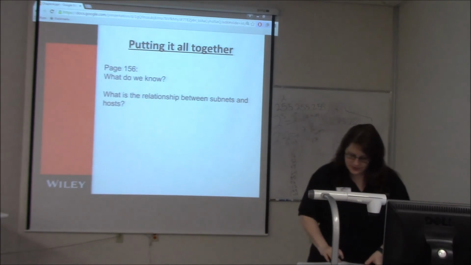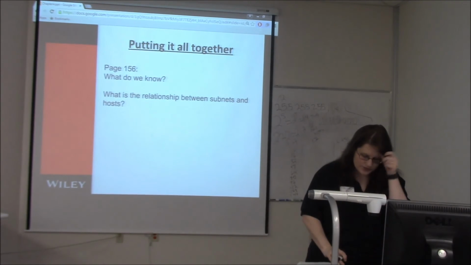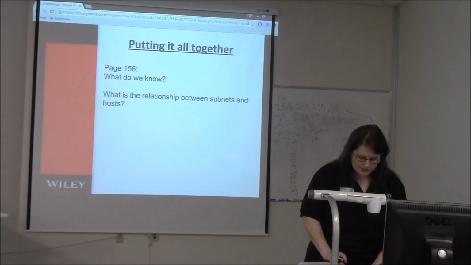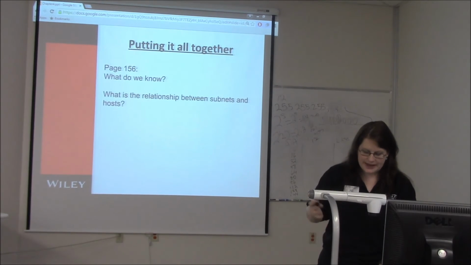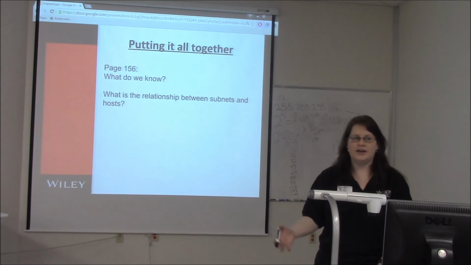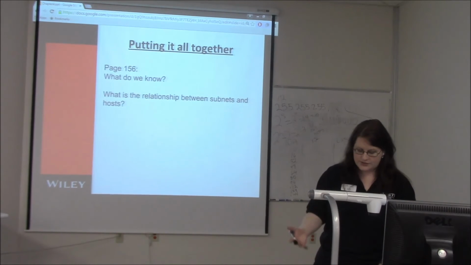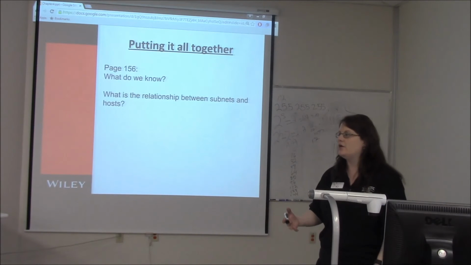So if you look on page 156 of your book, there's a section, What Do We Know? This is just detailing, okay, so for a /25, the mask is this, how many bits are on, how many bits are off, what are the subnets, and then how many hosts are in each subnet.